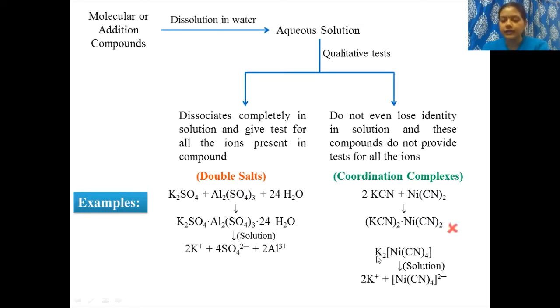We will write it not in this pattern but in this pattern: K2[Ni(CN)4]. Here in solution it will provide 2 potassium ions, K+, and 1 [Ni(CN)4]2-. So it will only give us a test for potassium, not for nickel and cyanide.